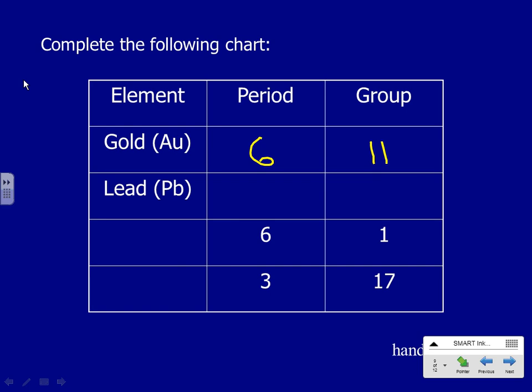Lead. The group is the top one that you look up and down with. The period is this one. So what do we got for lead? 6 and 14, is it? I'm going to do a quick check. 14? Oh, yeah, 14. Nice. And what element is located at 6 and 1?